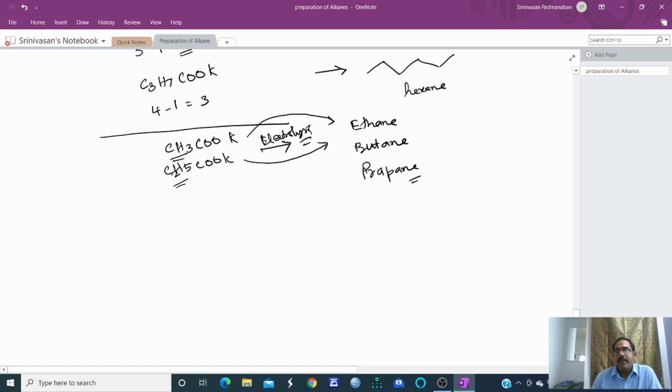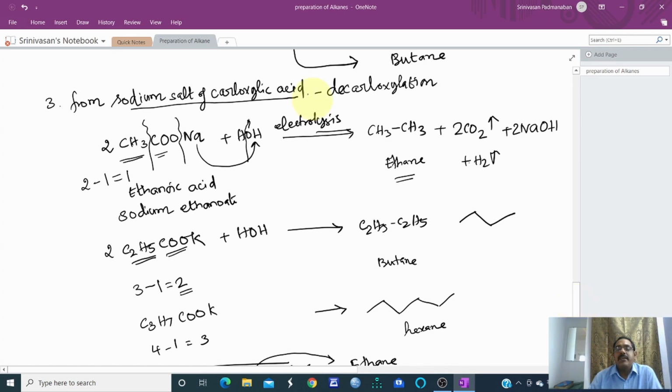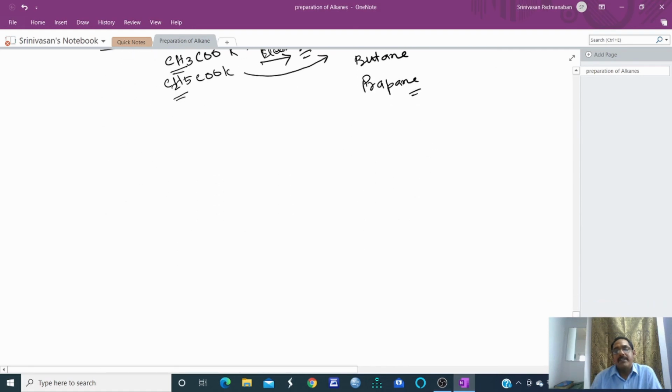Now let us go for the mechanism of this reaction, the electrolysis of the sodium salt of a carboxylic acid. It is also a named reaction, and that name is Kolbe's synthesis. So let us go for the mechanism of Kolbe's reaction. What we have taken is the sodium salt of a carboxylic acid, and we have put it in water.